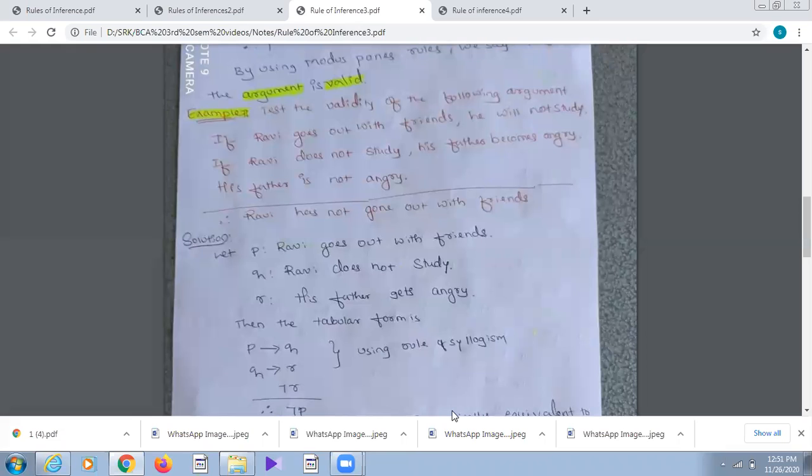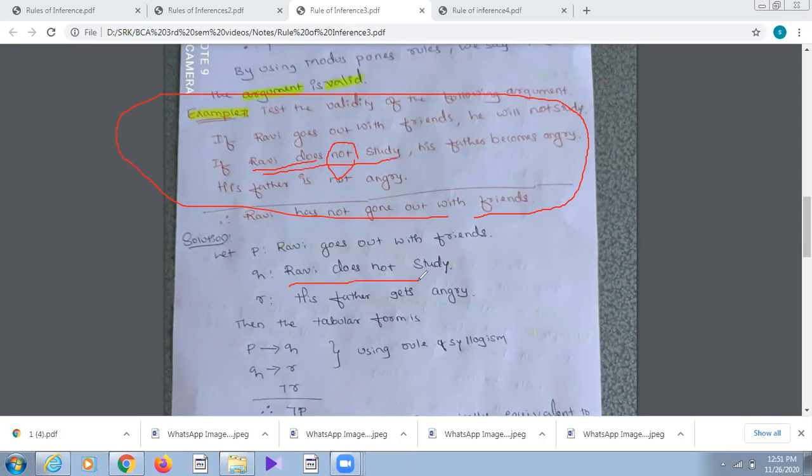The opposite of this sentence would be Ravi does study, but that sentence is not there in this whole argument. That's why we take Ravi does not study as one primary statement and generate Q. Yesterday some student asked why this is not taken as a positive primary statement.